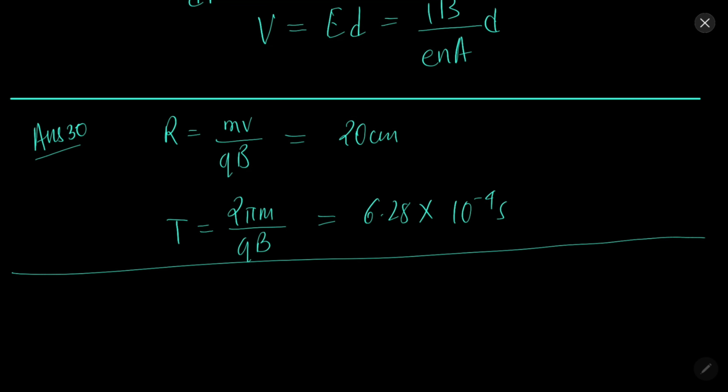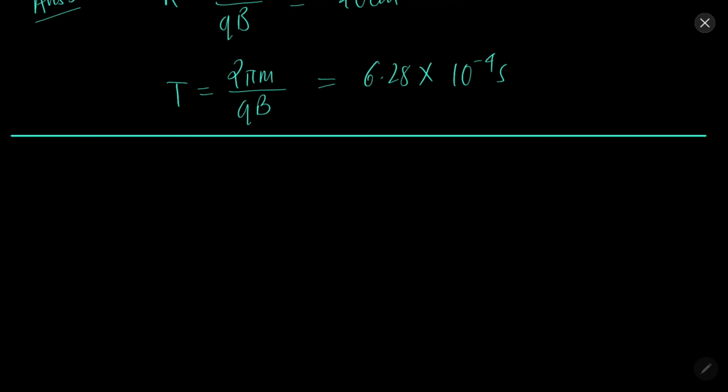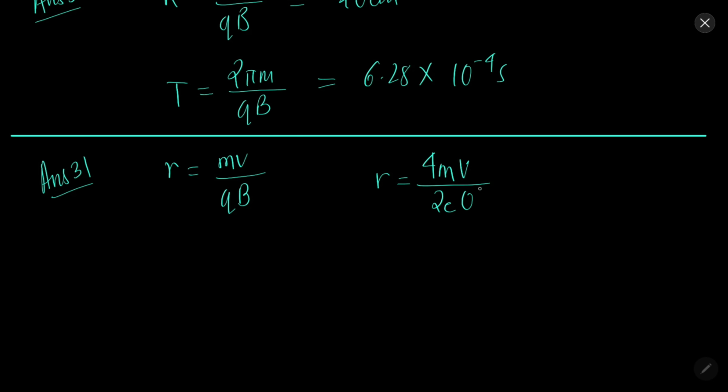In question 31, what would be the radius of the circle described by an alpha particle moving with the same speed in the same magnetic field? Solution 31. R is mv by qB, so it will be 4 mv over 2e into 0.1.